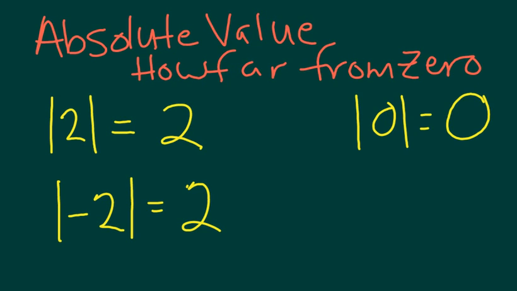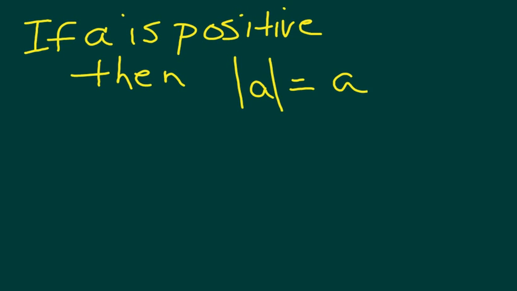Now that's the basic way you learned it before. Now you have to learn it in an algebraic way that's a little bit different. Okay, if A is positive, then the absolute value of A is A. So let's think of some examples of that. If A was positive, it could be positive 2. The absolute value of positive 2 is 2.